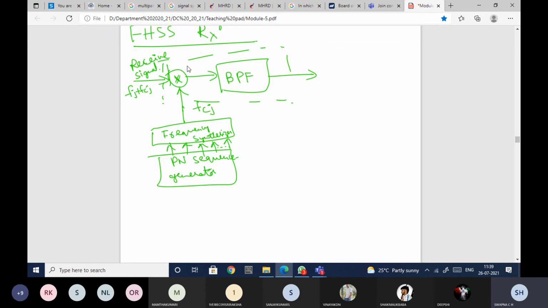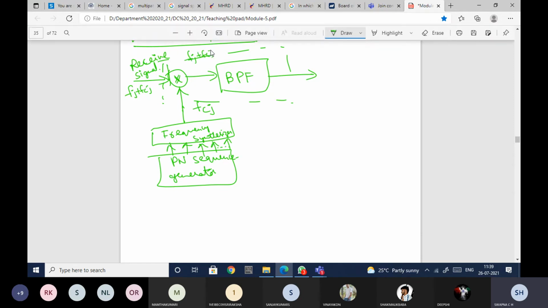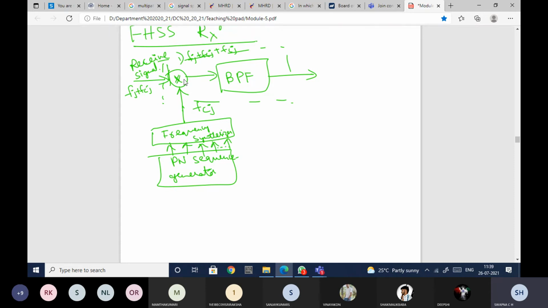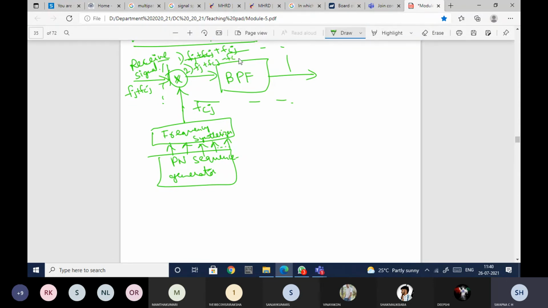This product modulator will provide you two outputs. One is Fj plus Fcj plus Fcj, which is the first signal out of this multiplier, and the second one is Fj plus Fcj minus Fcj.